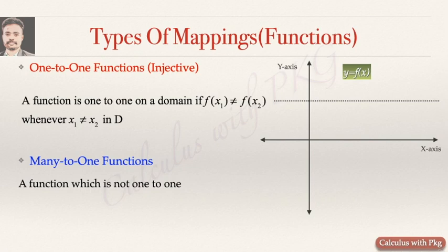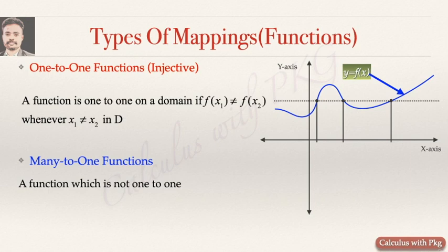Now let us see a many-to-one function, because the function which is not one-to-one is known as a many-to-one function. So I have drawn again another graph of a function y equal to f of x, but now we can see that the horizontal line intersects the graph of the function at three different points.